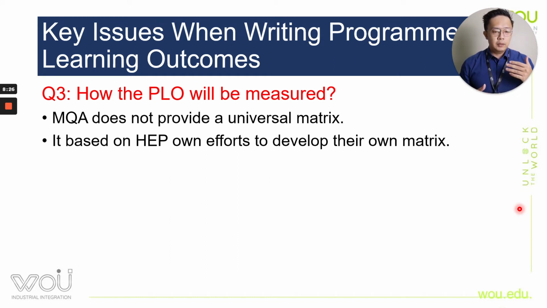For the OBE committee, we have proposed a new metrics to be used across WOU, but it's still under review by the relevant boards and committees. Once the metrics is approved, we will share it with all of you, and perhaps give you another training on how to use it.